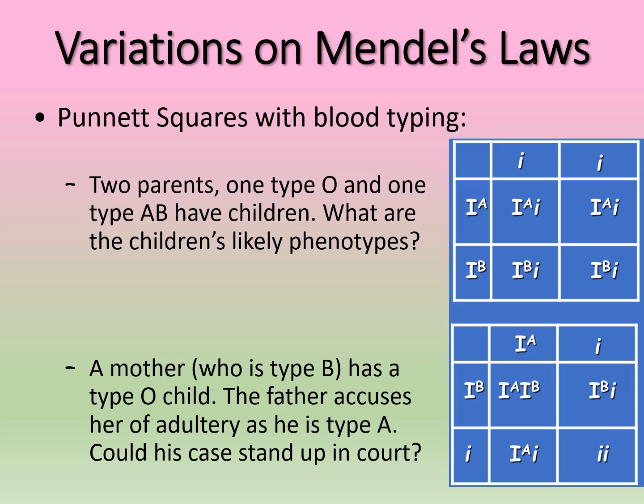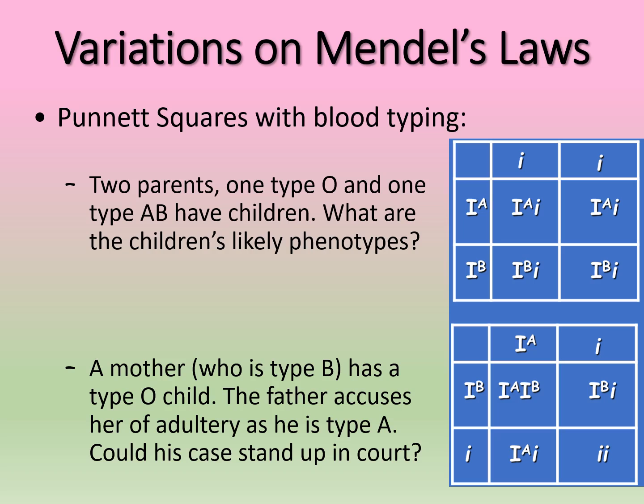Okay, so hopefully you were able to answer these questions and work your way through the Punnett square. So here are our answers on the right hand side. For number 1, if we have a type O parent on the top, they're going to be genotype ii. And then if we have a parent that's AB, we have IA and IB on the left hand side.